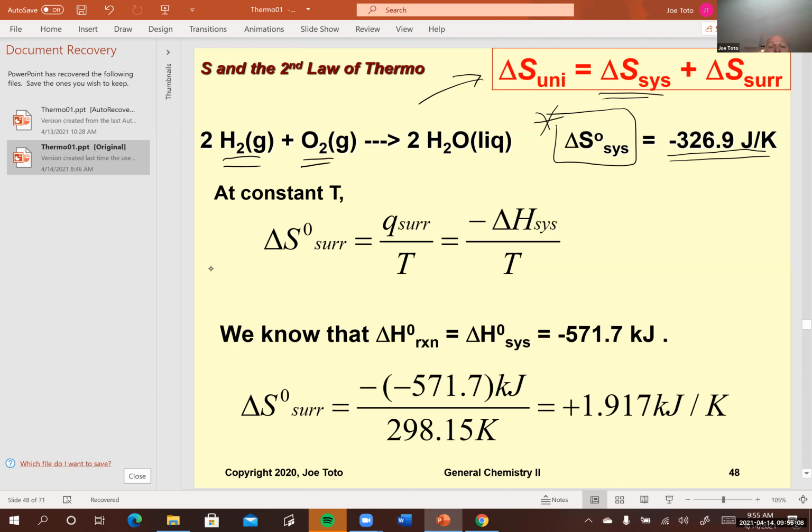All right, so you can calculate the delta S for the system. Now we have to deal with delta S of the surroundings. How are we going to calculate that? Well, to do that, we can use the equation that we introduced previously, the one for specific conditions of constant temperature.